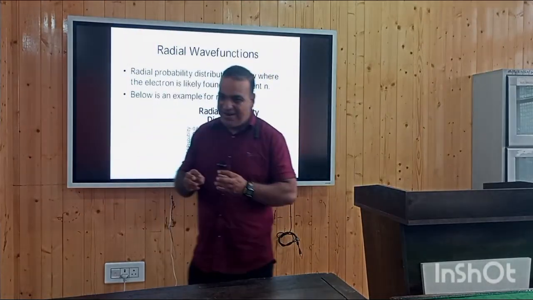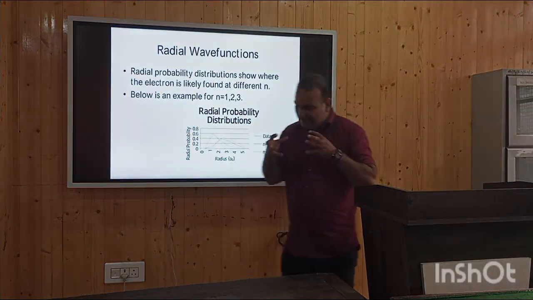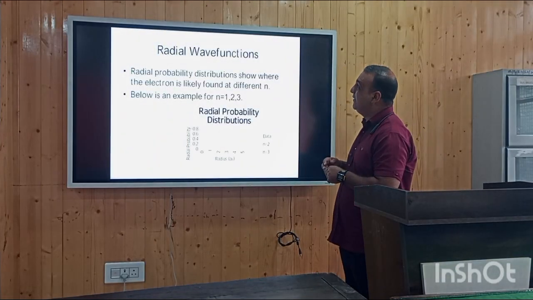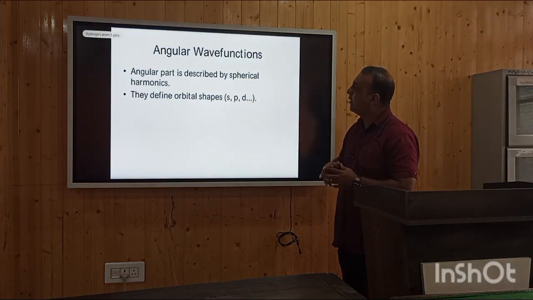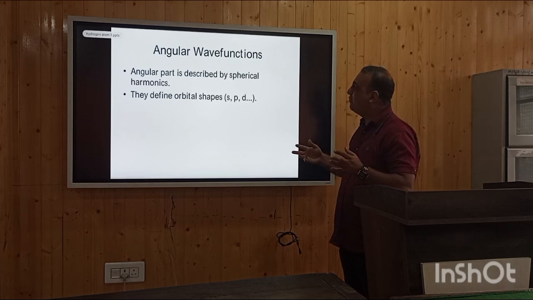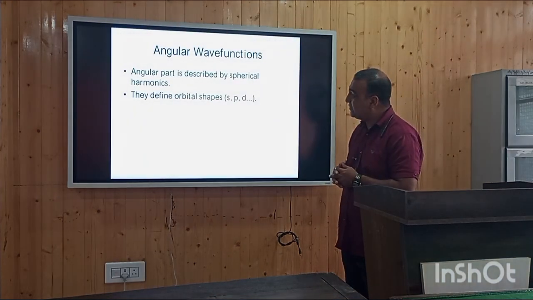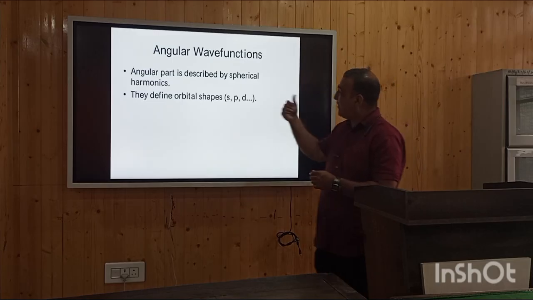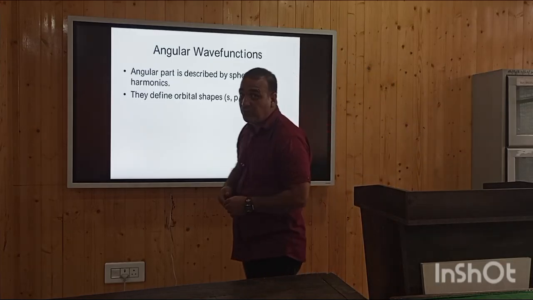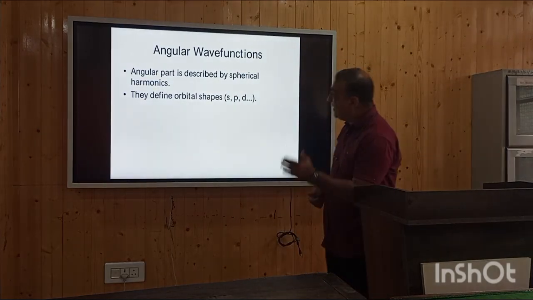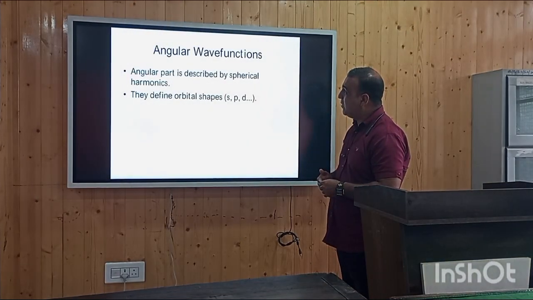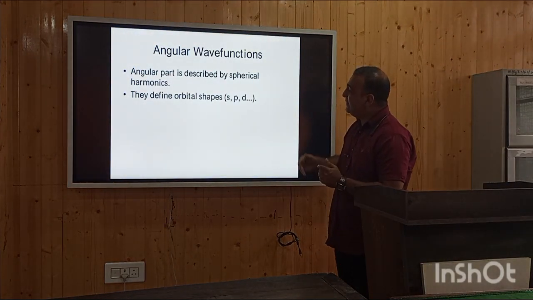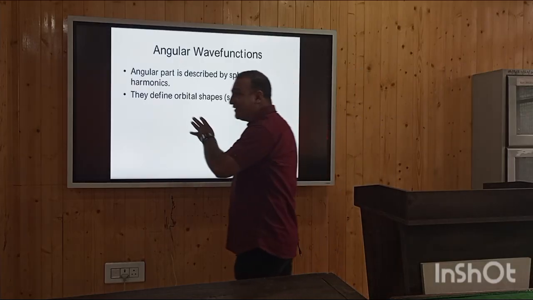It is behaving as a cloud where the probability of finding the electron is going to be maximum. So we have angular wave functions that we will obtain, and the angular part is described by the spherical harmonics. We will see later in the video how to calculate those spherical harmonics, and they define the orbital shapes.